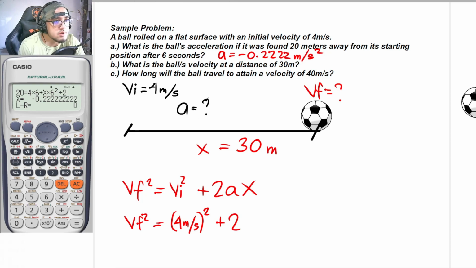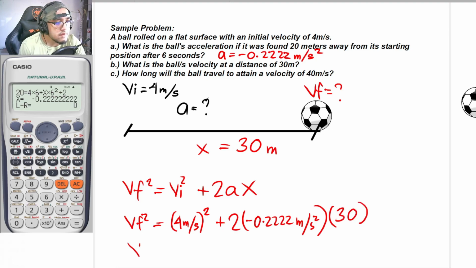Acceleration is once again negative 0.2222 meters per second squared, times your distance x, so times 30. Okay, so with that, I would just be getting the square root of both sides for my VF squared, for the exponent 2 here to cancel out.